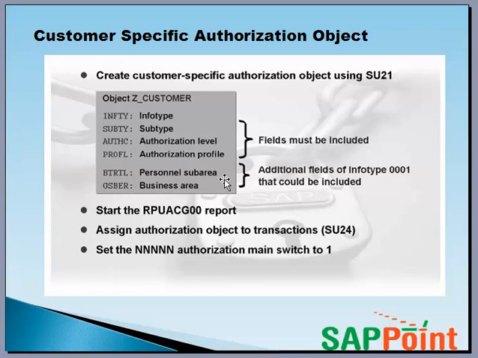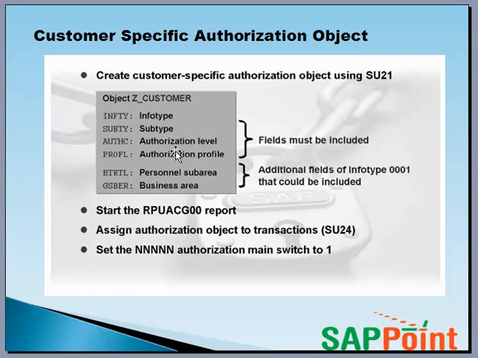In order to do that, you will have to create a customer specific authorization object, a custom authorization object. And in that object, you could include any field from info type 1 that is not part of the P_origin or P_orgexec authorization objects.